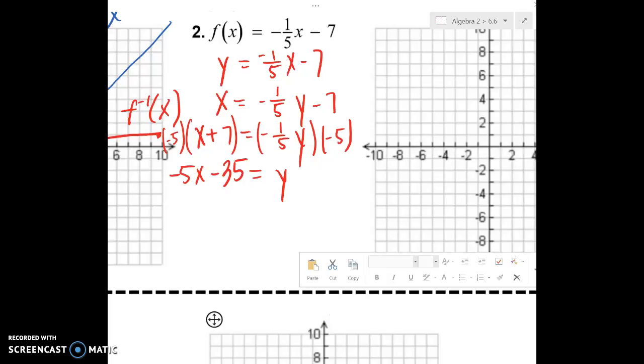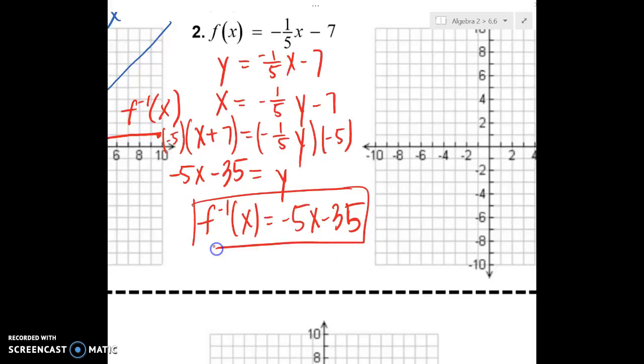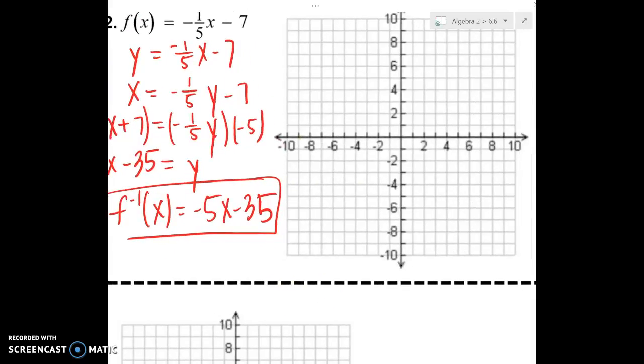The last step is to replace y with f to the negative 1 of x. Go ahead and draw f of x and its inverse.